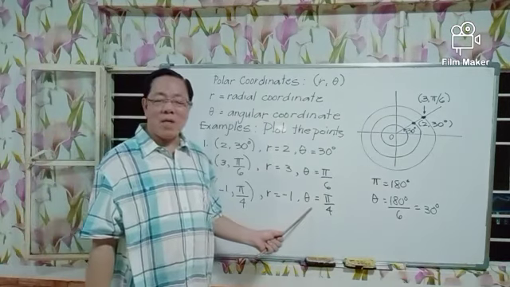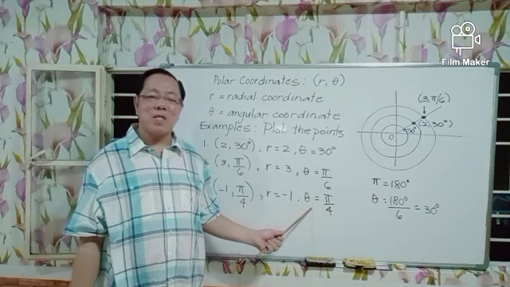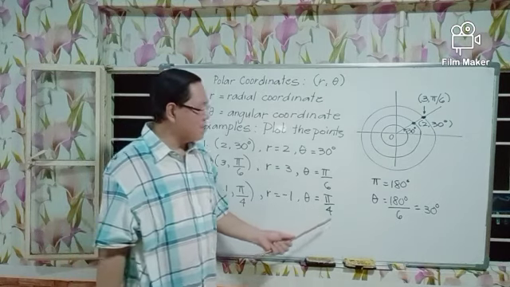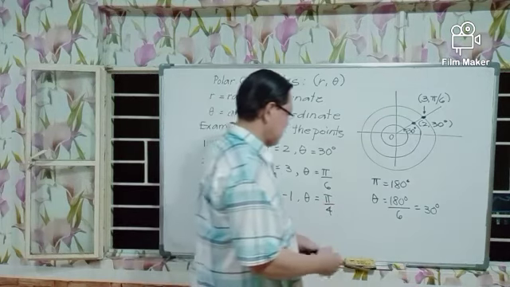And again, the angular coordinate is given in radians, and we convert it to degrees by taking pi equals 180 degrees.